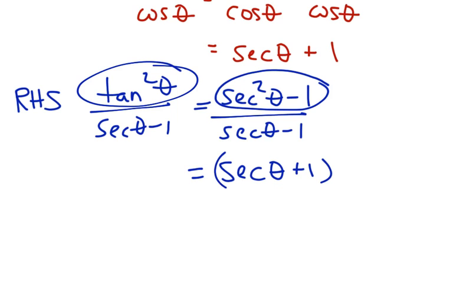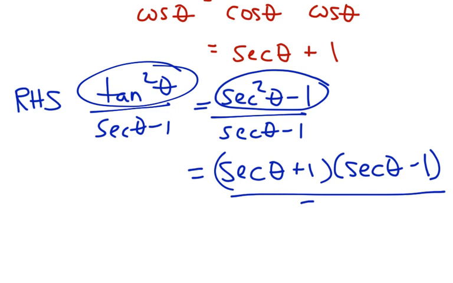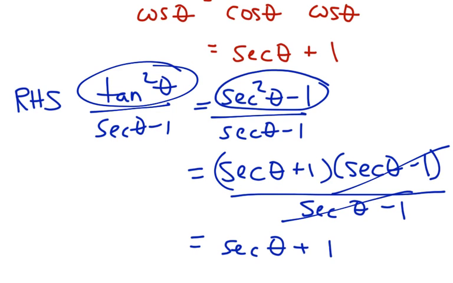So it's secant theta plus 1, secant theta minus 1. And then those cancel, and you're left with secant theta plus 1, which is the same thing as we got on the left-hand side. So since the two sides are equal, they must be an identity.